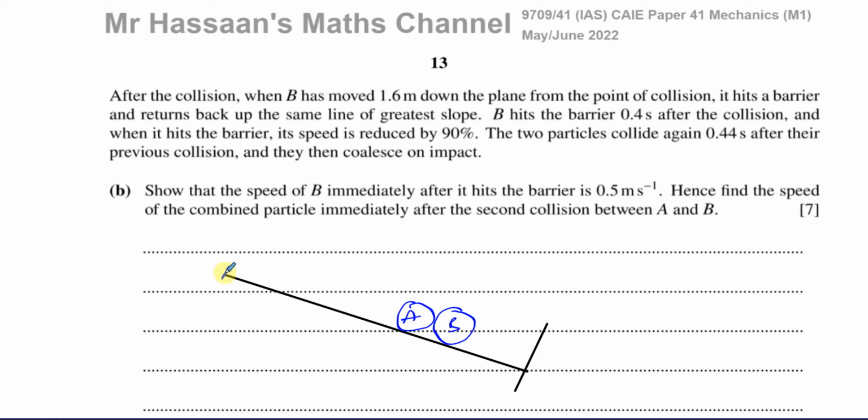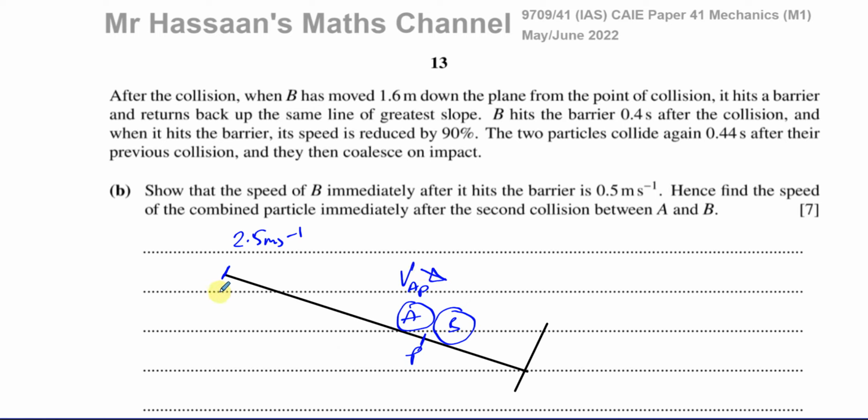Okay, so this is A and this is B. So A has traveled from here to here, starting off at a speed of 2.5 meters per second, ending up at a speed of the velocity of A at the point, let's call this point P, where they're going to hit again. We want to find that velocity.